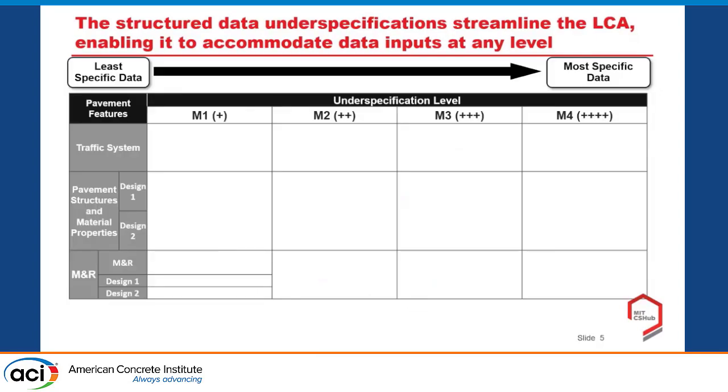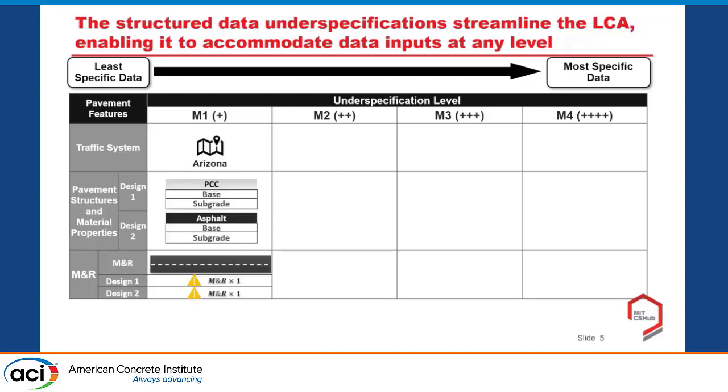So here is an example of the whole framework we have been seeing in the previous slides. There are different components: we need to know the traffic loadings, the material properties, the pavement structure and geometry, and last is M&R scheduling. For example, at the first M1 level, you do not have any clue of the material properties.